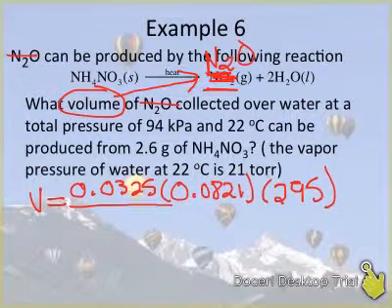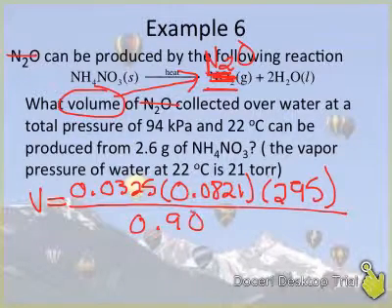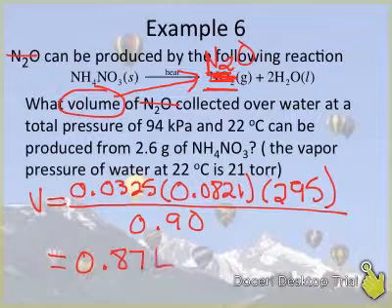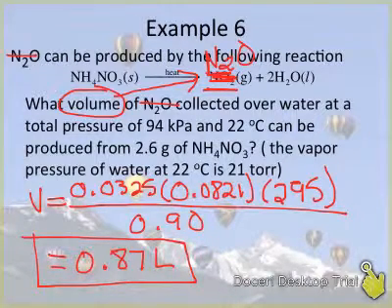And our pressure that we found in the first step is 0.90. Whole bunch of math, right? And we should get an answer of 0.87 liters. So if we do this reaction and we have 2.6 grams of our reactant, we are going to produce 0.87 liters.